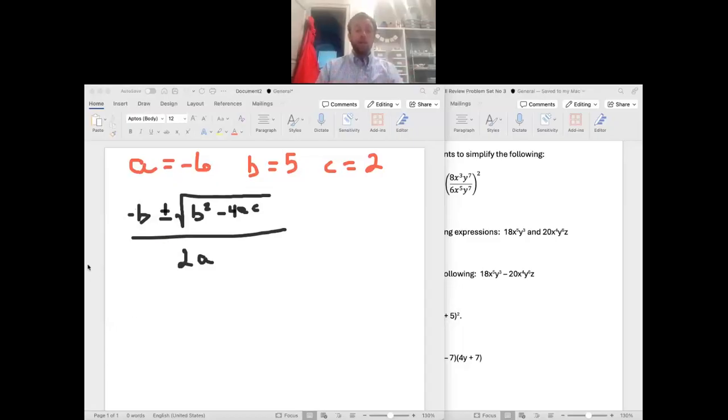B is 5, so when we go to minus b, you hit opposite and then put in your value of b, plus or minus, and then the square root. B squared, so b is 5, and then square it, minus 4. Plug in your value of a. Now put it in parentheses, negative 6. And then put your value of c in parentheses, 2.